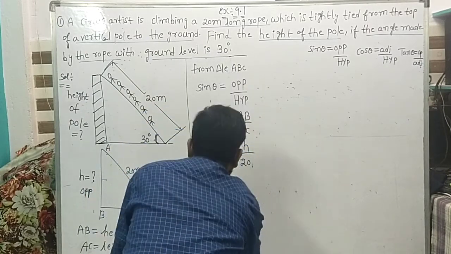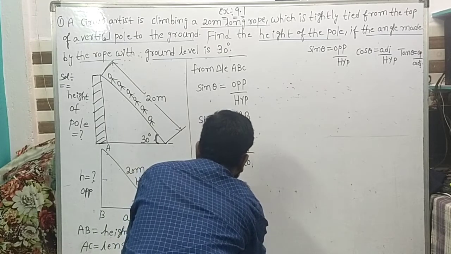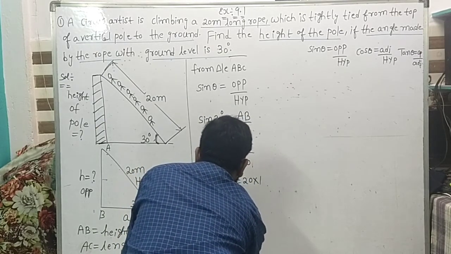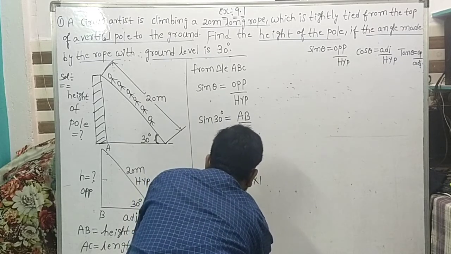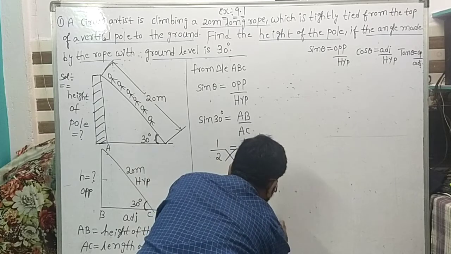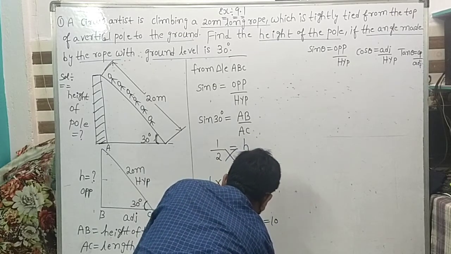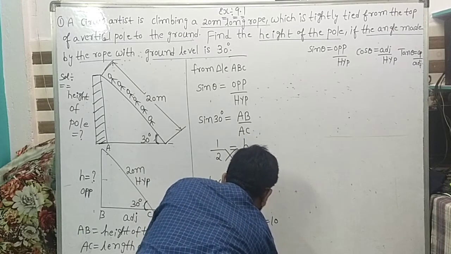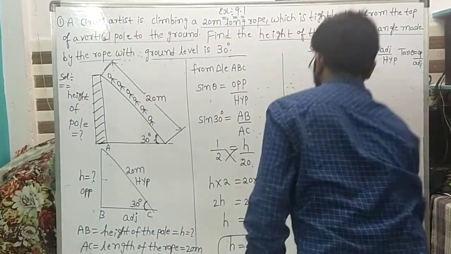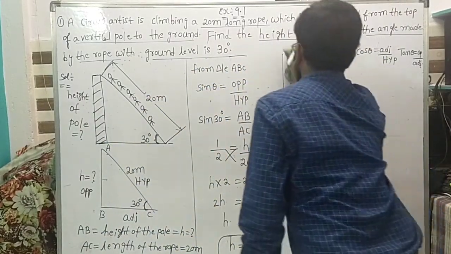Do cross multiplication: h into 2 equals 20 into 1. 2h equals 20. h equals 20 by 2, it will be 10. So h equals 10 meters.